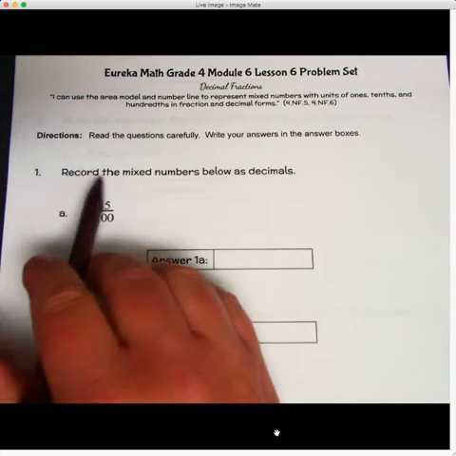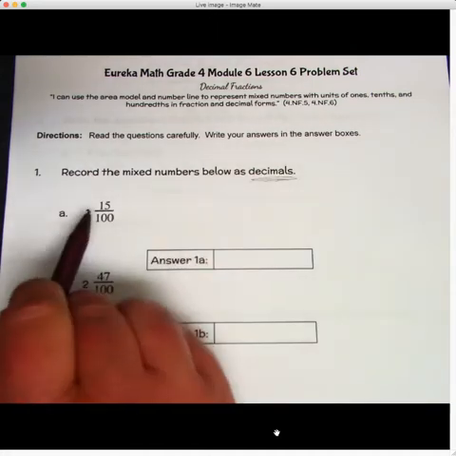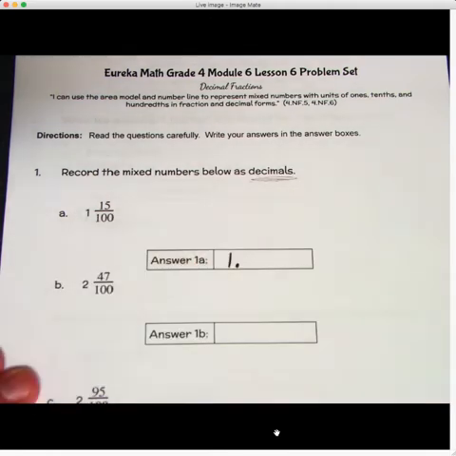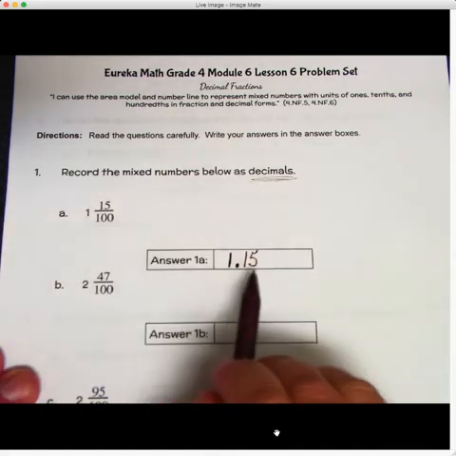So part one here, record these mixed numbers as decimals. So we've got one whole, and then we put our decimal, and we have 15 hundredths. 1 and 15 hundredths. Notice the 15 goes over to the hundredths place.